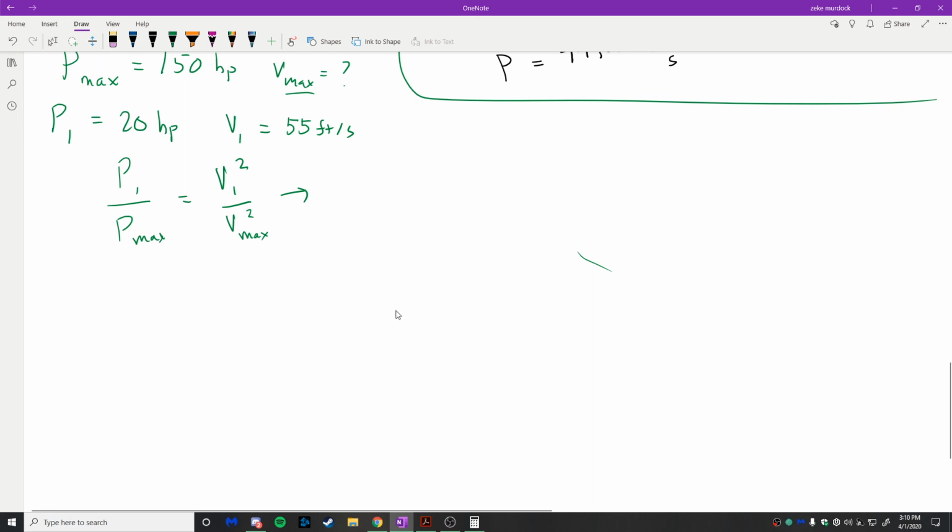This is what we're solving for, velocity. So we'll get V max squared should be equal to V1 squared, there we go. V1 was 55.